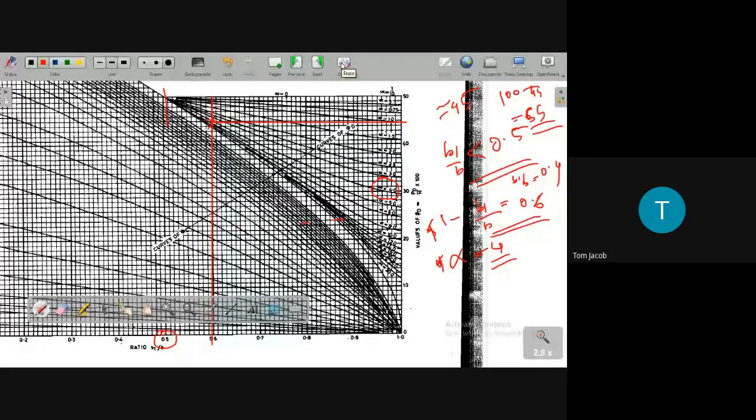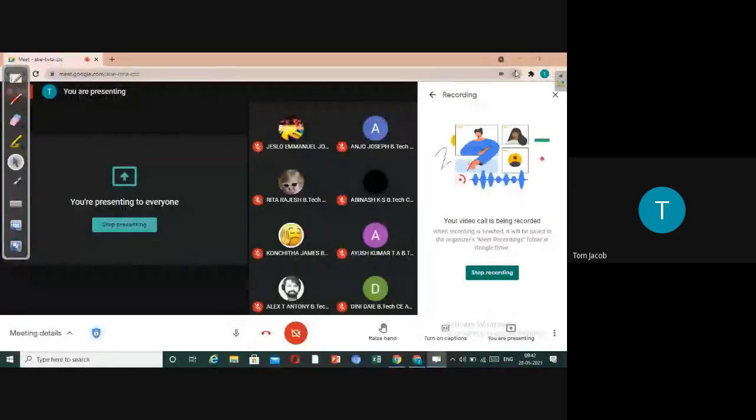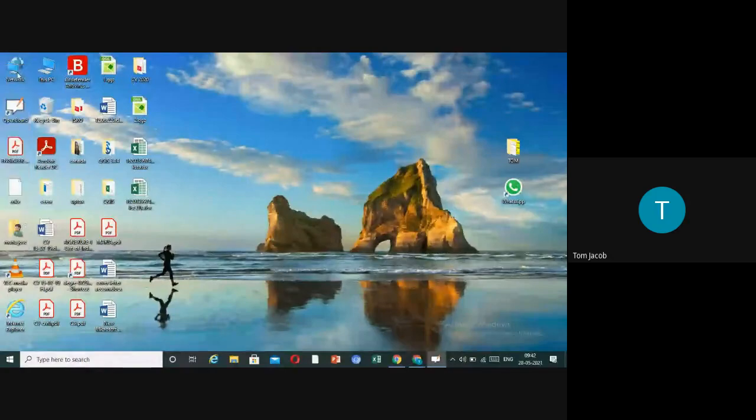Now let us move on to our problem. Here is 55, now we have found it. Now let us go to our question. What was given in our question? Alpha value was 9.5 and B1 by B was 0.3.